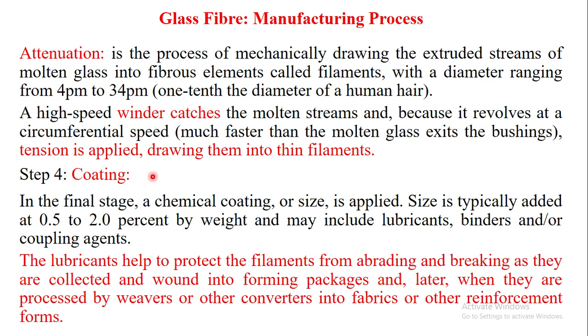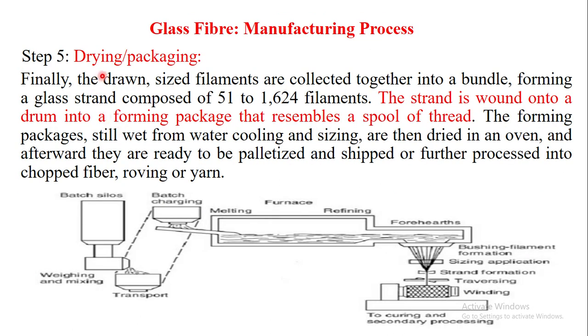Next to the fiberization process, the fifth stage is drying or packaging. After coating the formed fiber, we should dry or pack it, which is the final stage of the manufacturing process.